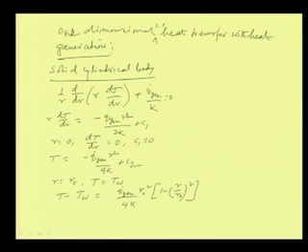Now, the maximum value of this temperature will be at r equal to 0. So, at r equal to 0, T naught minus T w is equal to q dot gen by 4 k into r naught square. Therefore, what we get is T minus T w by T naught minus T w is equal to 1 minus r by r naught whole square.